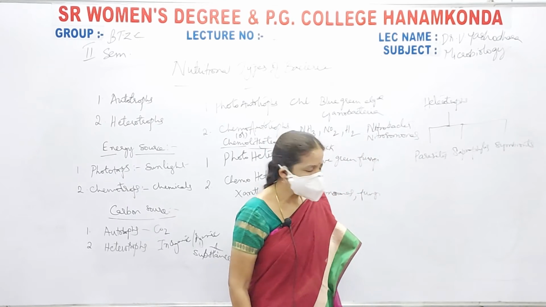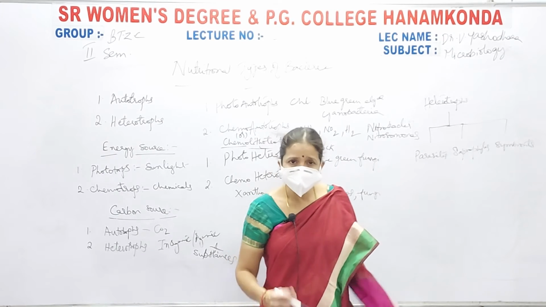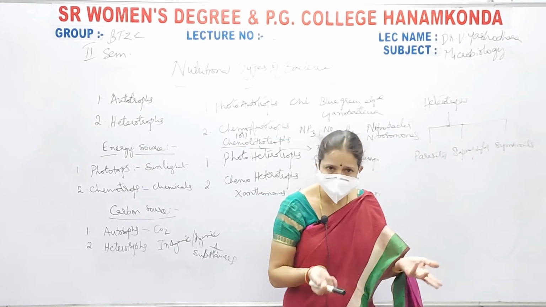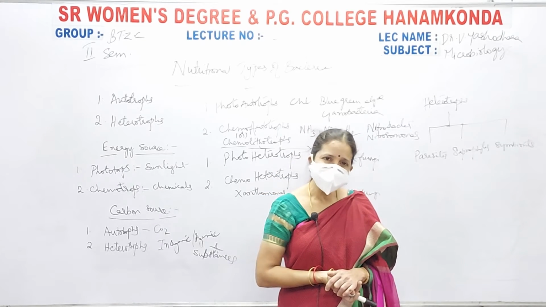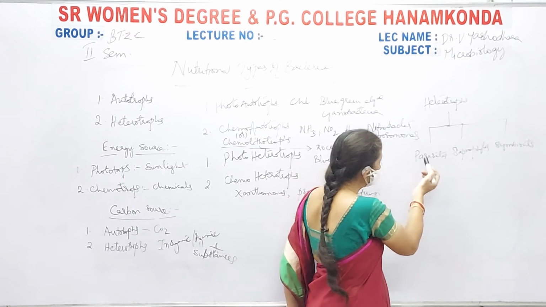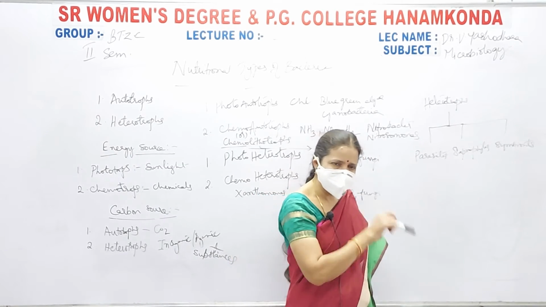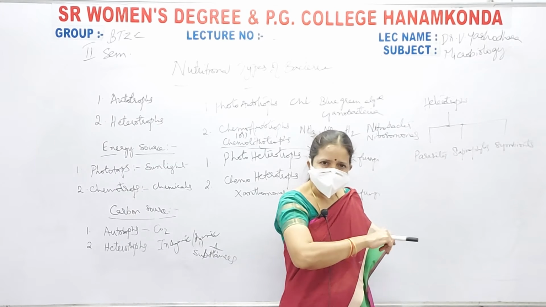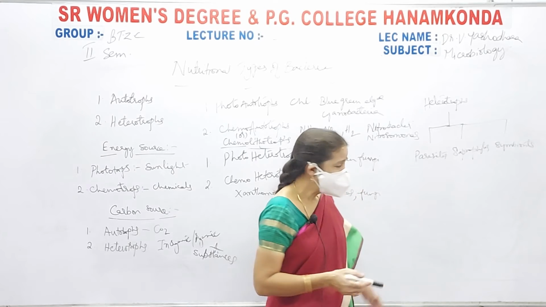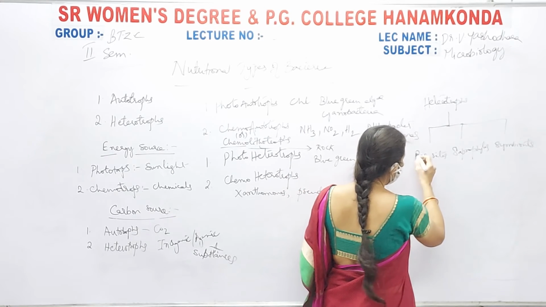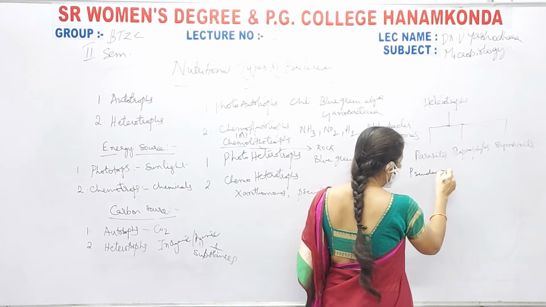The definitions of these three you must already be knowing. You get bored because I am repeating it again and again. Parasites are the organisms which are dependent on other organisms for their food. That means they will sit on another organism and feed on that organism. Example is Pseudomonas.